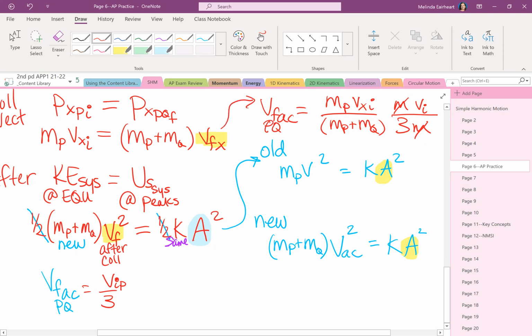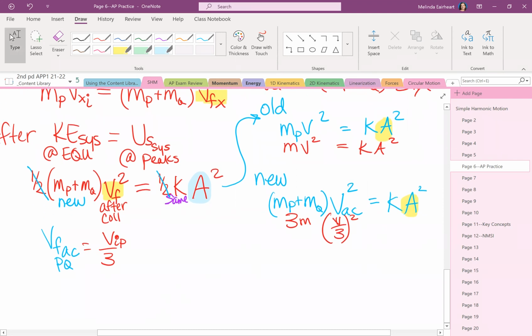Oh, okay. Sorry, I'm a little all over the place. I know. So in our old, this is just mv squared. Right? In the new, our combined mass is 3m, and the new speed after the collision is 1/3 of v, squared.